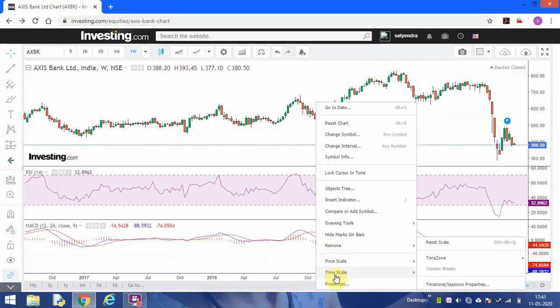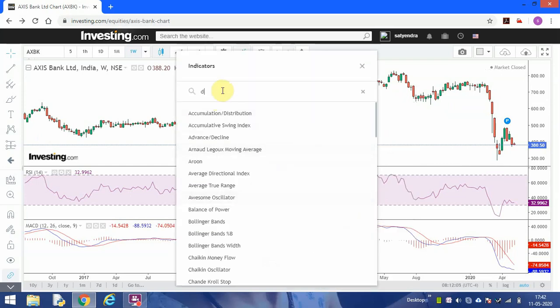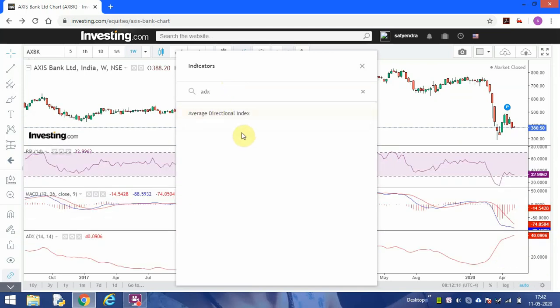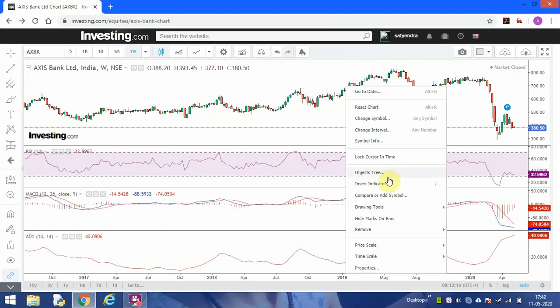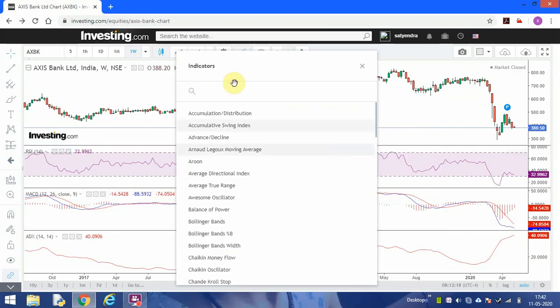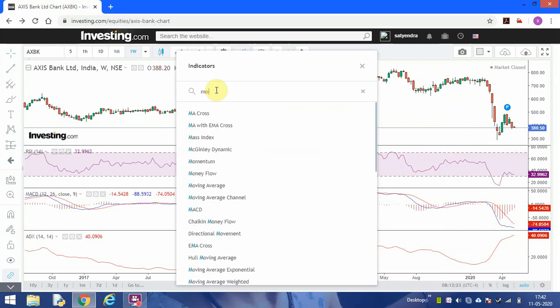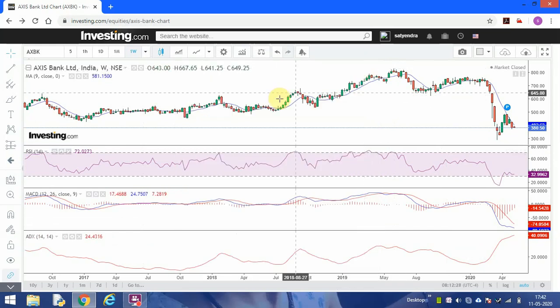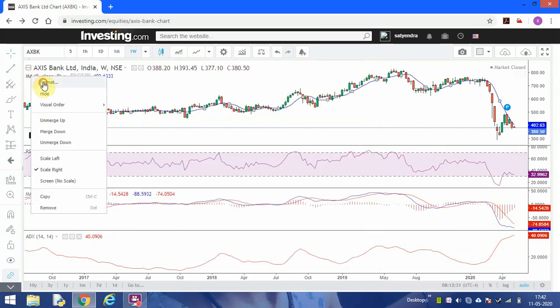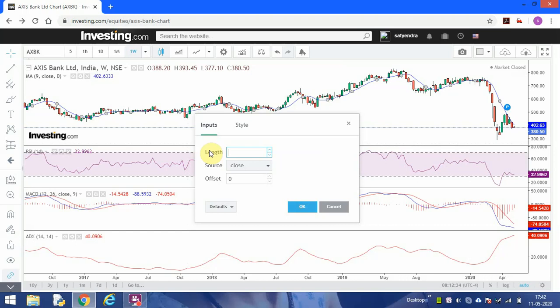The third is ADX. The fourth is any moving average, probably 50 days moving average. Go here and change it to 50 days.